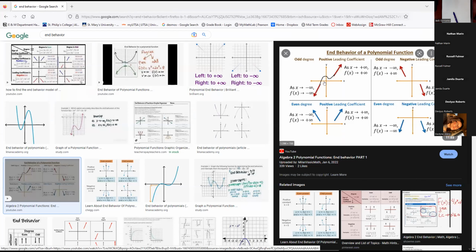This right here: odd degree, positive leading coefficient. So that would be just like number 1. This one right here is number 2. This is number 3. Anyway, there's not much to do there. So let's move on to number 4.